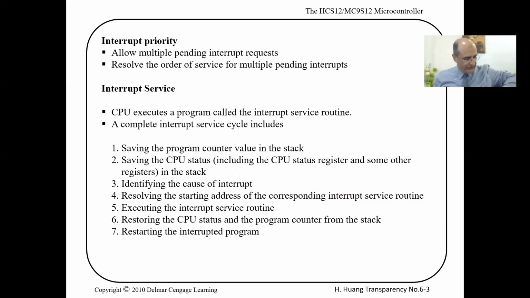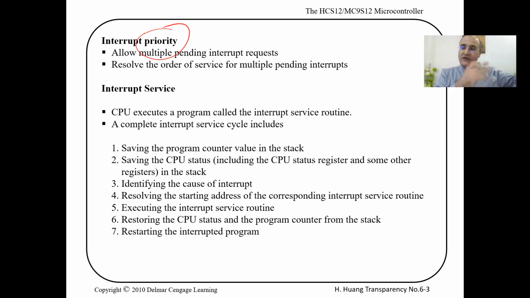Our goal is to cover all the theory behind interrupts, since most of you know about interrupts, and start writing interrupts and interrupt service routines and running them on our board really soon. Interrupts also have priority, which means if a button is pressed or a signal coming from the alarm system comes to the controller, which is higher priority?